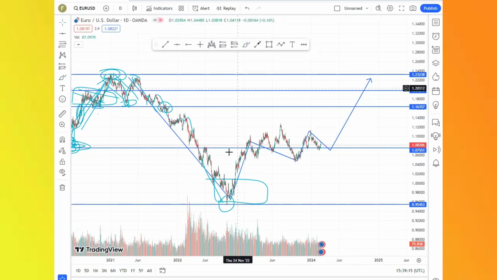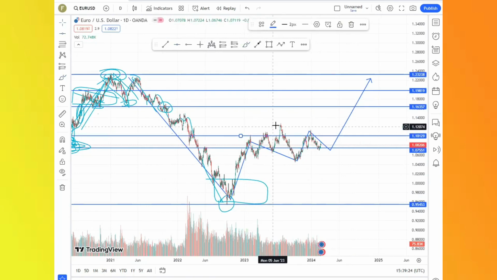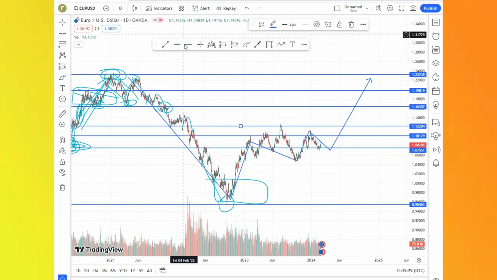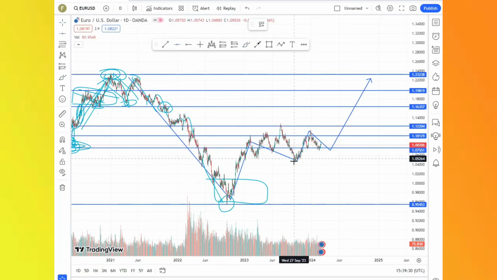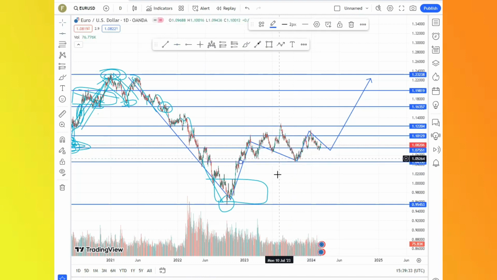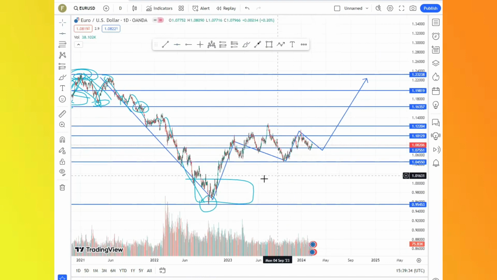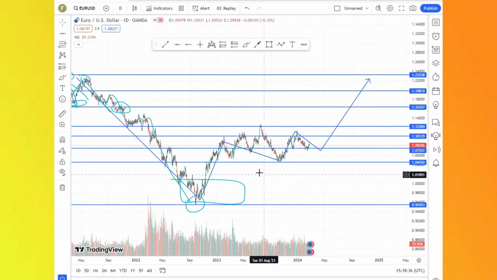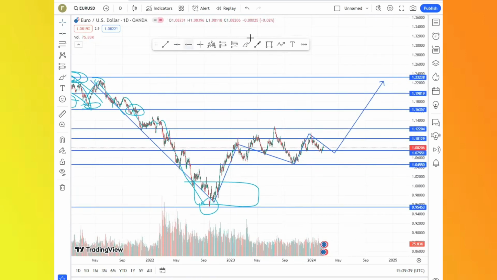Okay, so seeing that I've placed my levels here, I can also see that the market has another level here, another level here, another level here. Seeing that the market has beautiful levels tells us that the market has to play inside these levels.